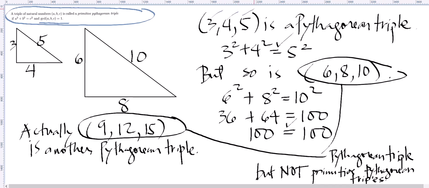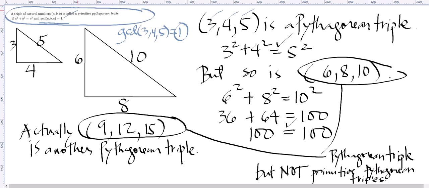These two are actually generated from the primitive Pythagorean triple 3, 4, 5. 3, 4, 5 is primitive since the GCD of 3, 4, 5 is 1. 2 times the whole of the Pythagorean triple 3, 4, 5 is equal to 6, 8, 10.